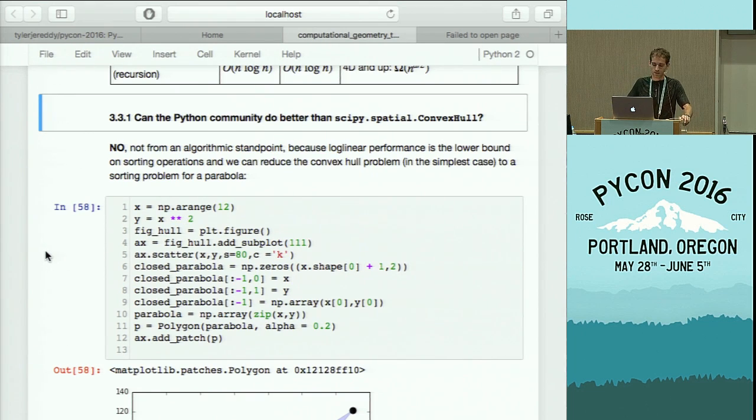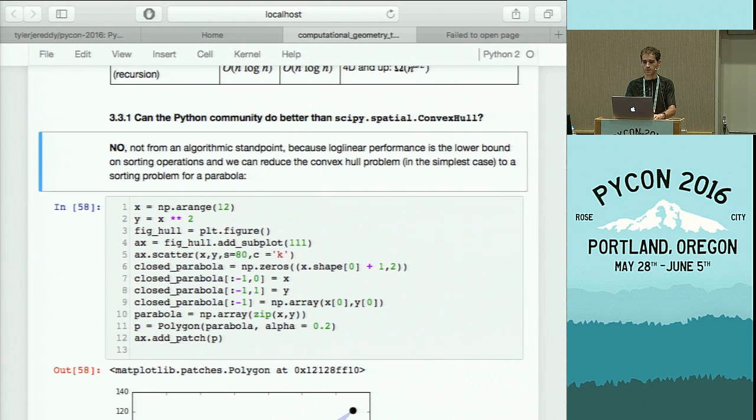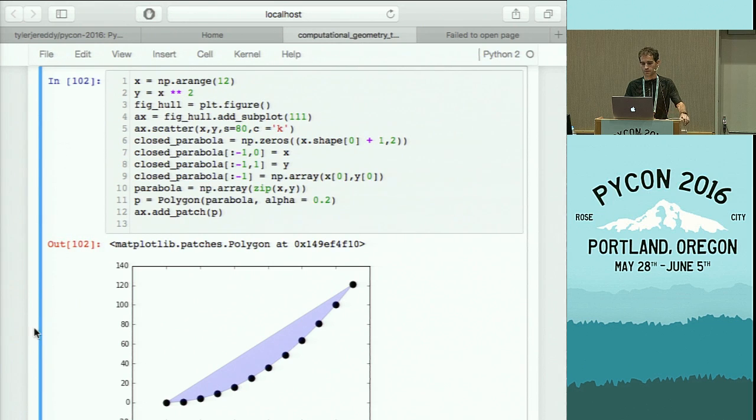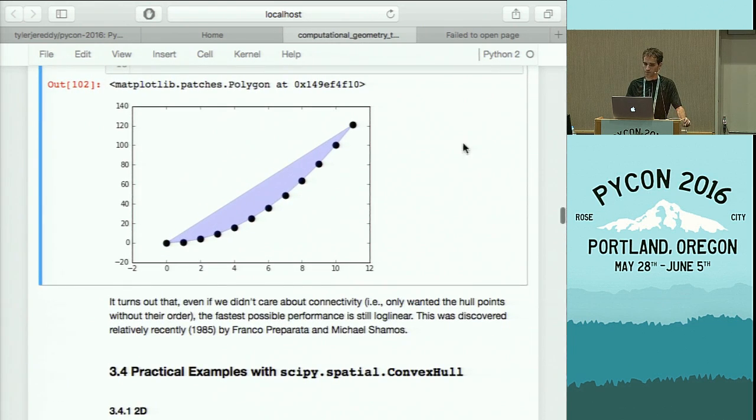I had mentioned that we can often reduce to sorting problems, so just to show that from a slightly more formal standpoint, I've produced this example here. If you have these parabolic points, where y equals x squared was used to generate these points in Python, and you want to calculate the convex hull, I think most of you will agree with me that we've effectively reduced this to a sorting problem.